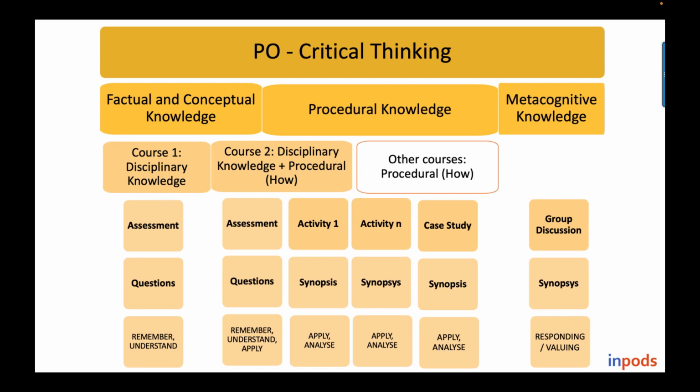Those are your indirect contributors to your program outcomes, and the direct ones are the courses which you have designed directly to teach critical thinking, right? And since you already know what level of cognition you want the students to be at, based on that, you have to design the questions. So for the disciplinary knowledge level course, you are going to conduct some assessment.